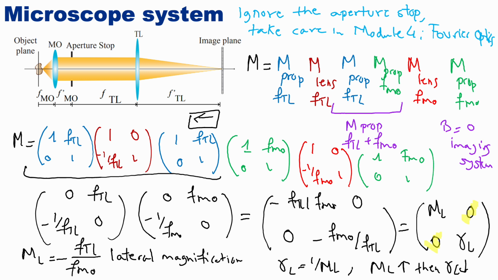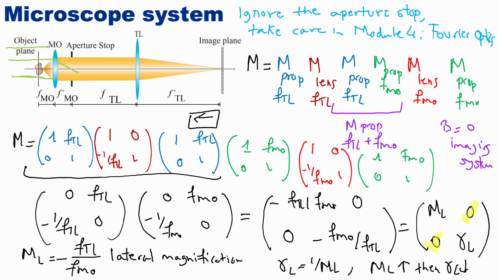So if we are illuminating with a plane wave, we know it's going to go through the objective lens. Let me draw the parallel beam right here.